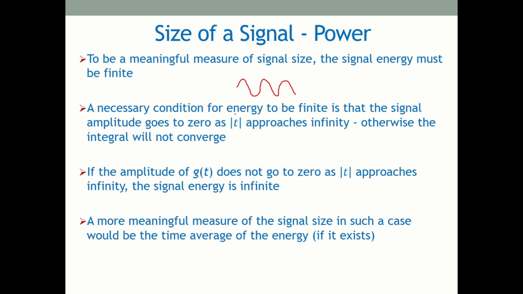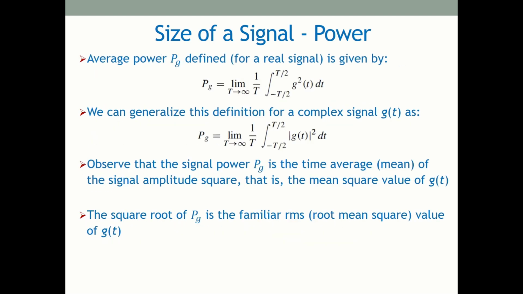A necessary condition for energy to be finite is that the signal amplitude goes to 0 as time t approaches infinity. In the case of a sine wave, this is not true. So in those situations, a more meaningful measure is the time average of the energy. And it may not always exist, so we have to define the signal accordingly.